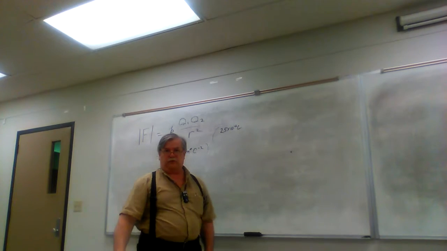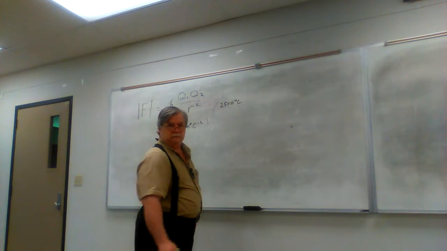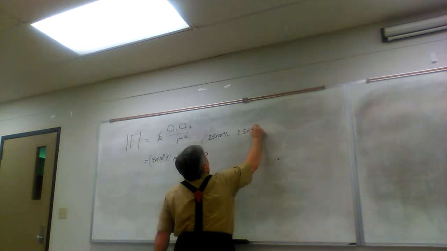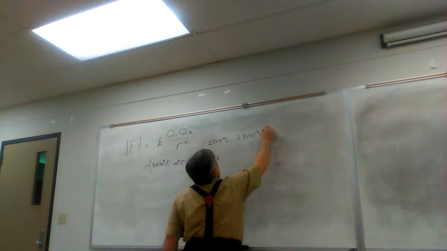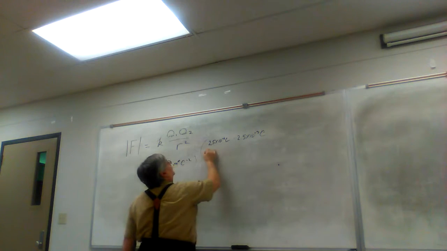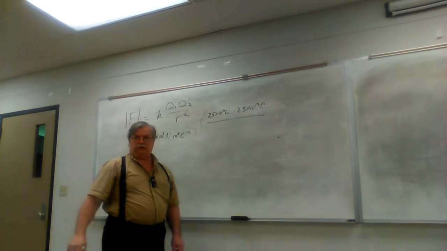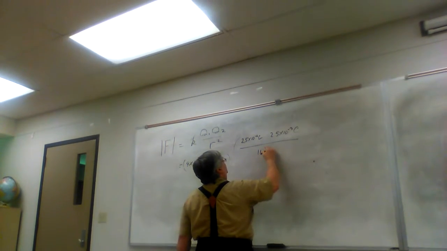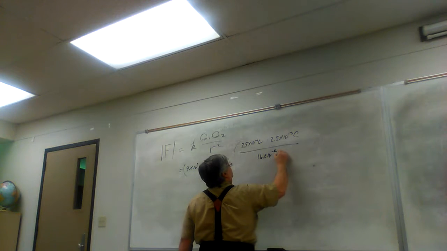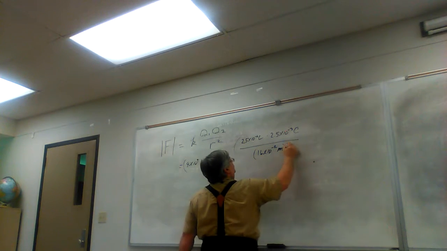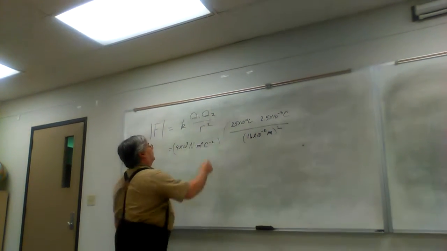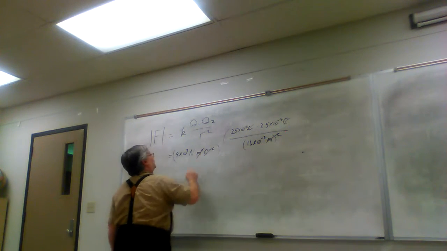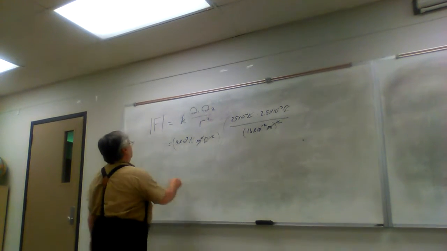Times, what's Q2? Coulombs. Divided by, what's the distance between them? 16 centimeters. So 16 times 10 to the minus 2 meters squared. Coulomb squared cancels here. Meters squared will cancel here. That'll leave newtons.